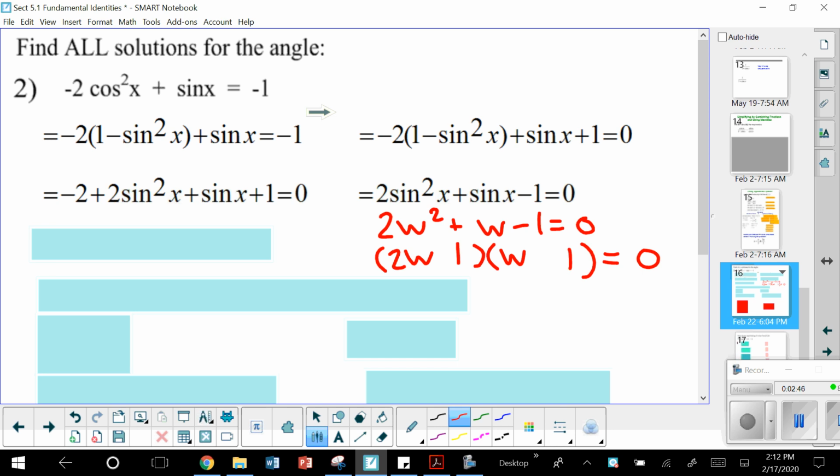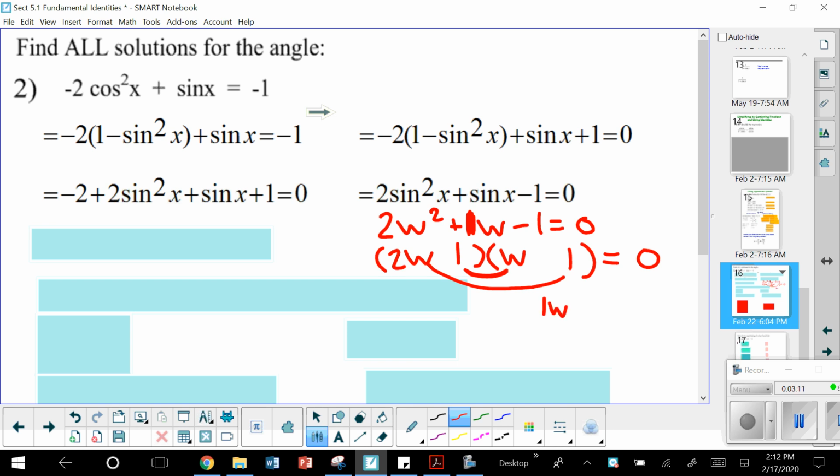Now the only thing I have to figure out is which parenthesis gets the plus sign and which one gets the minus sign. So remember, when we're doing trial and error, we're just thinking in terms of if I multiply those two together and I multiply these two together, when I add them, I want to get that +1 right here. When I multiply the inside, I get 1w.